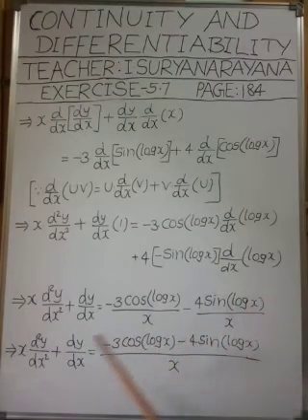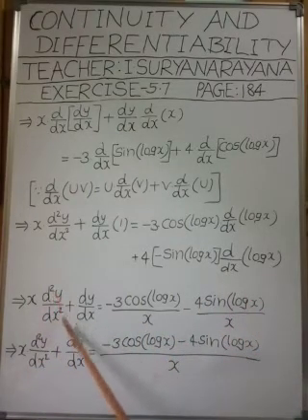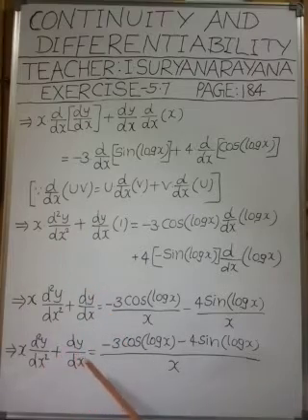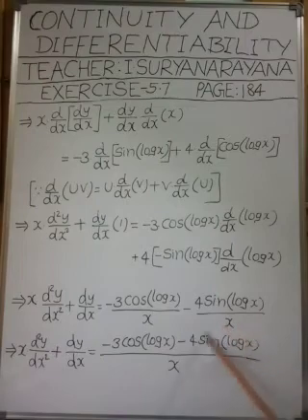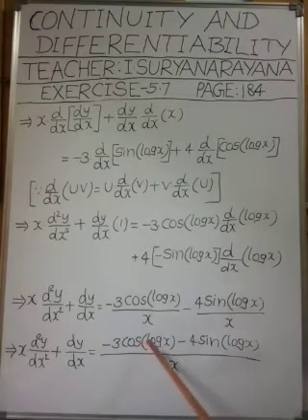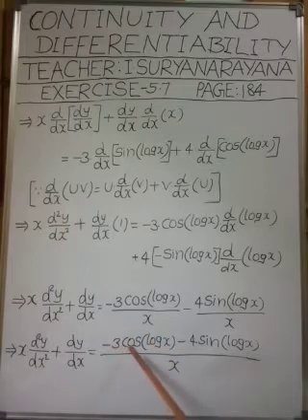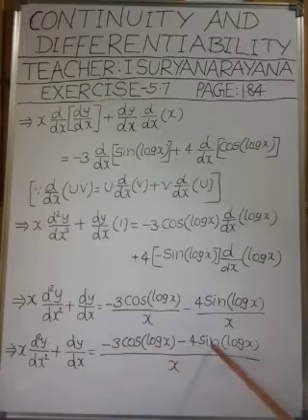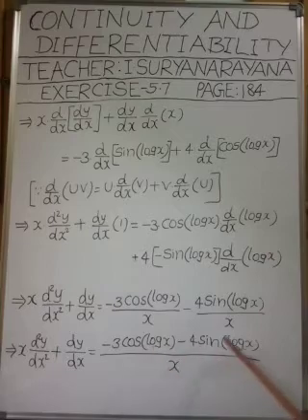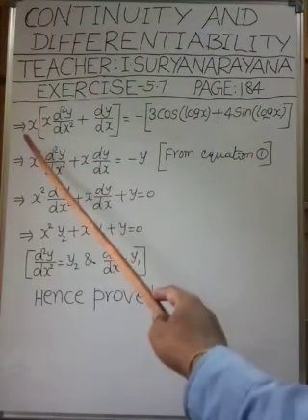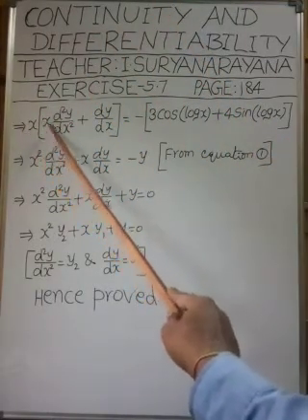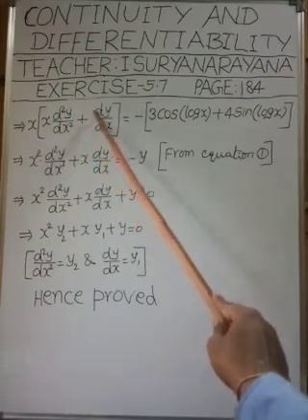Right. This implies x into d square y by dx square plus dy by dx is equal to, here also we take LCM for the denominators. What is the LCM of the denominators? X only. Then what will you get in the numerator? Minus 3 cos of log x minus 4 sin of log x. Understood numerator part, my dear children? Right. This implies x into x d square y by dx square plus dy by dx.